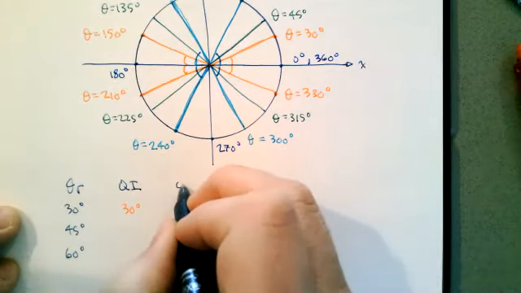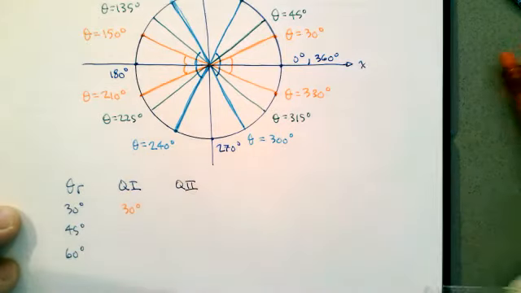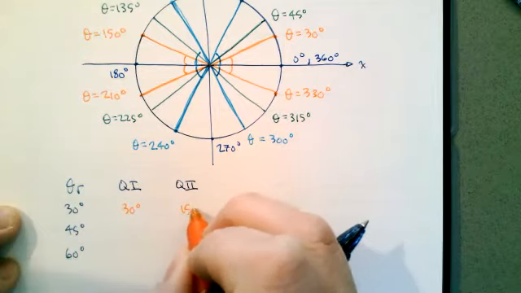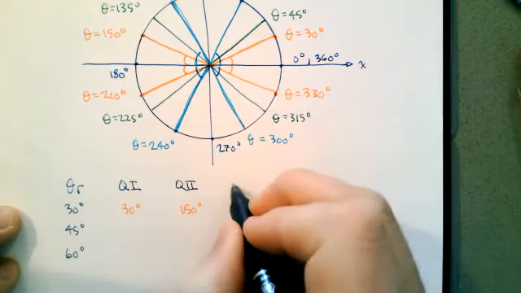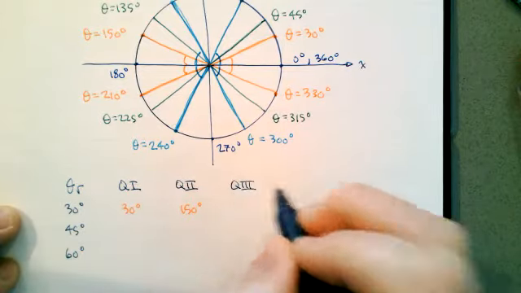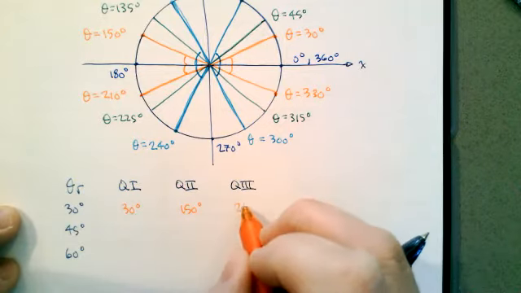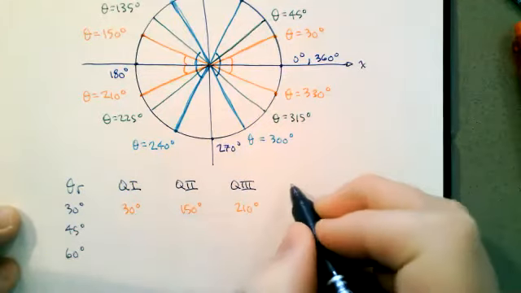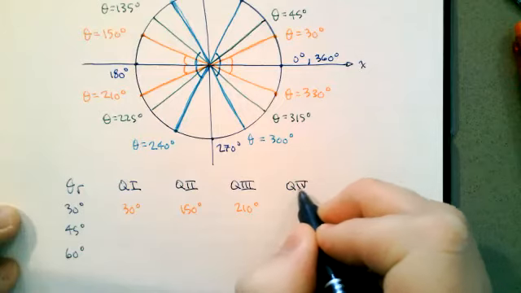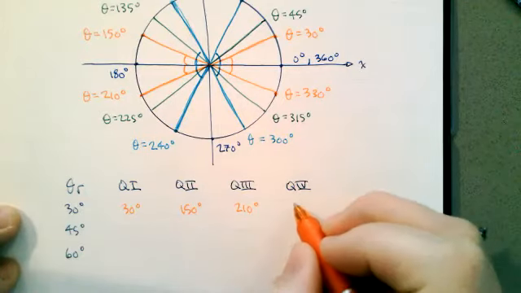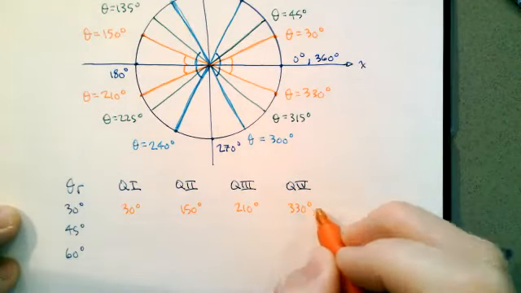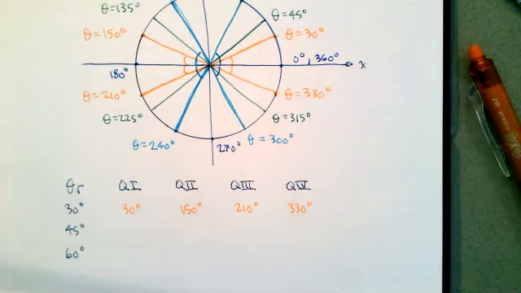In quadrant 2, a 30-degree reference angle is 150. In quadrant 3, a 30-degree reference angle is 210. And in quadrant 4, a 30-degree reference angle is 330. So 30, 150, 210, and 330 are all associated by a 30-degree reference angle.